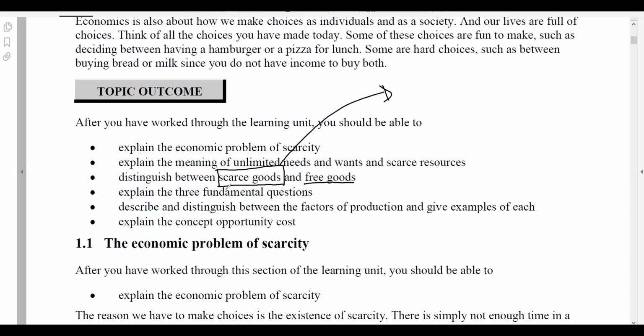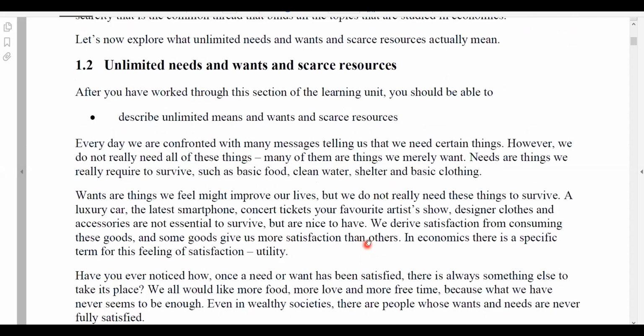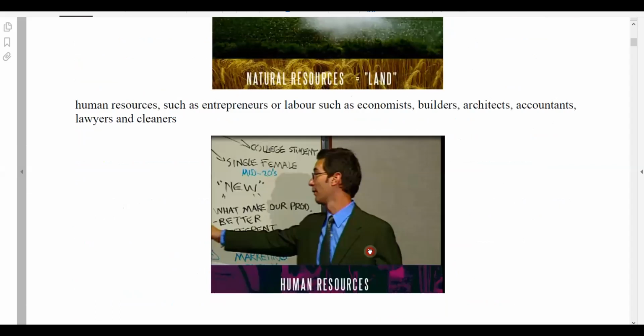Goods that when you have to obtain them, it's like a transaction, you have to pay for them. All right. You have to pay for them. Okay, what about free goods? Free goods are goods that are being done for you, but you have paid for them through tax.